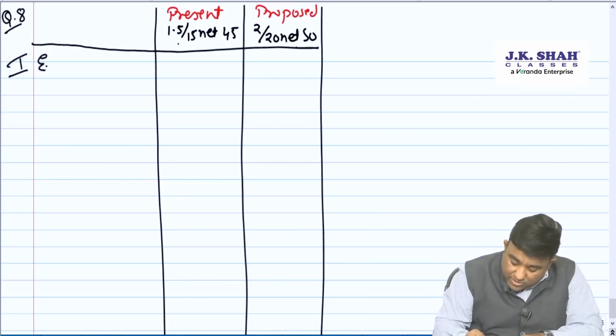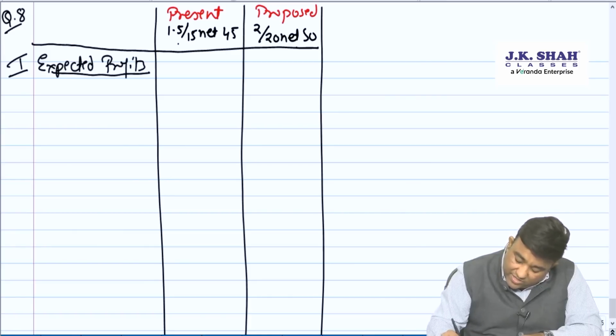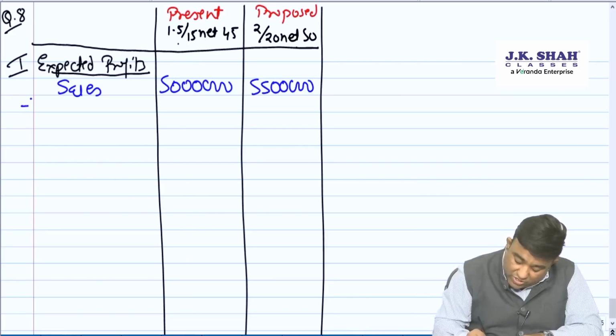It will start with expected profits. Can I have the sales ready, student? Sales is 50 lakh, and here it is going to 55 lakh, it's given. Student, very crucial is variable cost, which they have given as 65%.